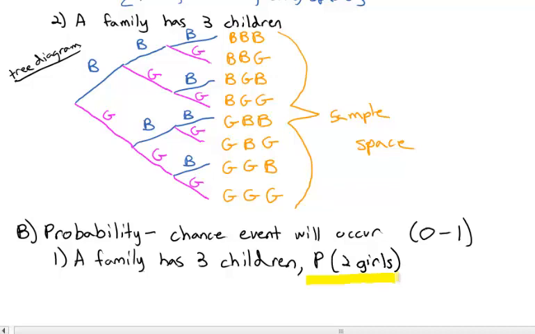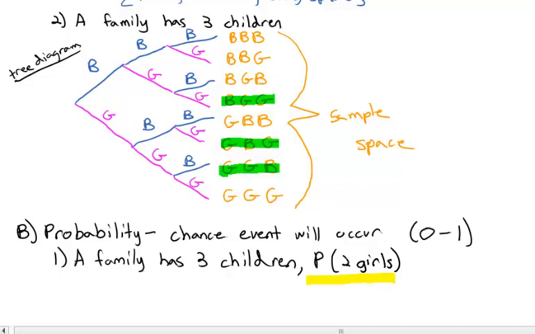That means we're asking the probability that this thing occurs. The probability that we have 2 girls. Well, if we look at that tree diagram that we just made, we see that there are 2 girls on a couple of the options. 1, 2, 3 of the options have 2 girls.